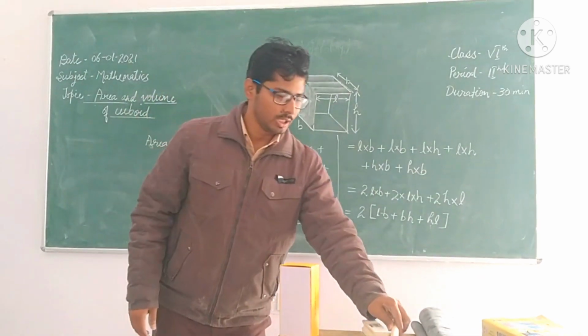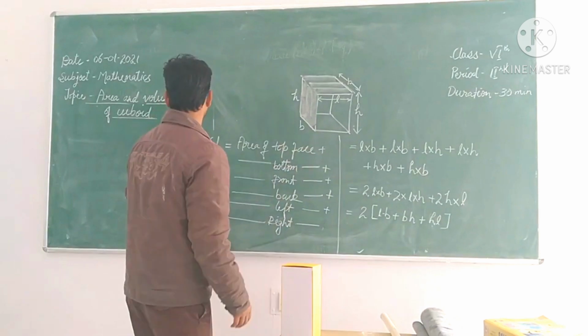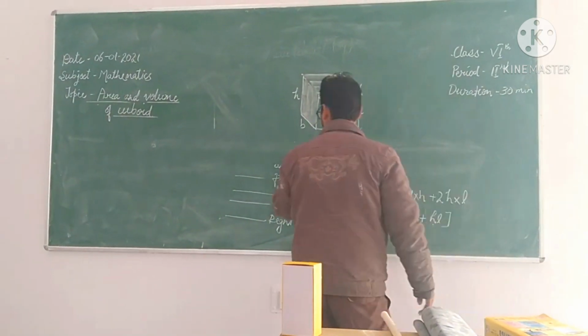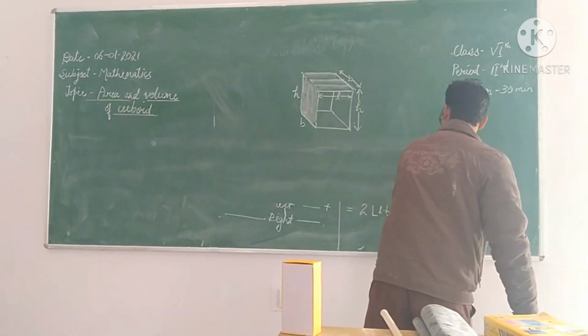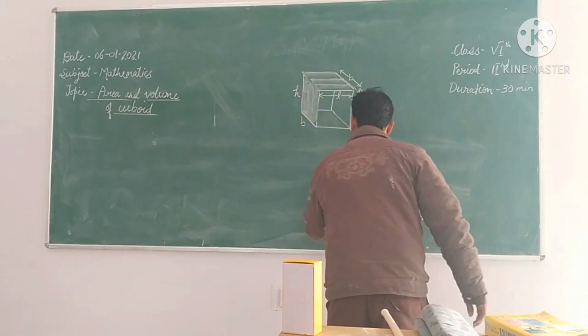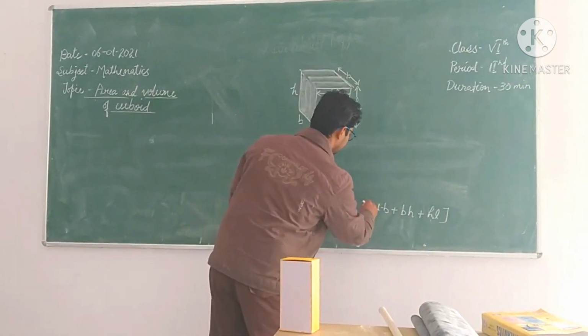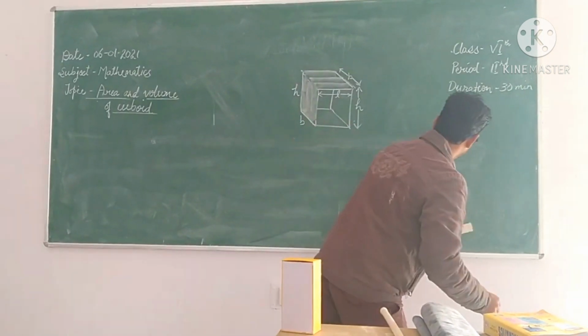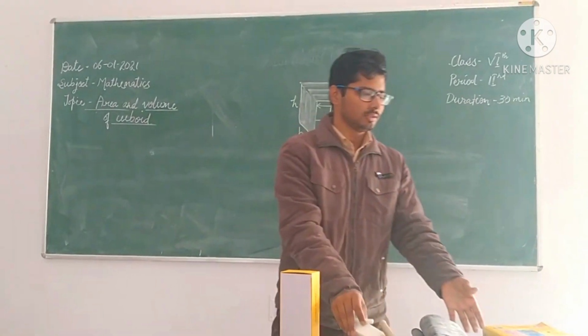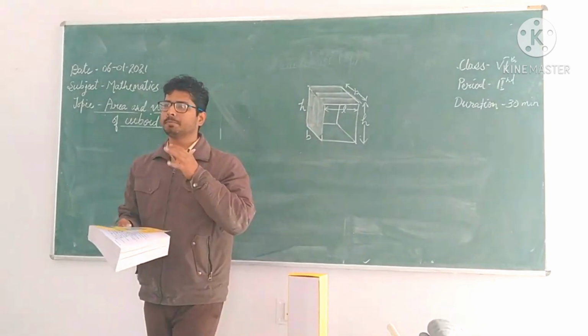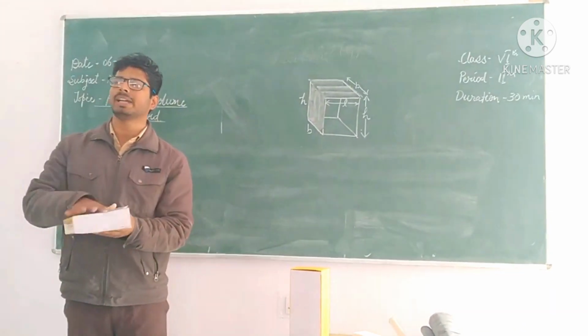Okay? Now we will find the volume of cuboid. So this is the area. Now you can all see this book. What is volume? Volume is simply the space any object is occupying.